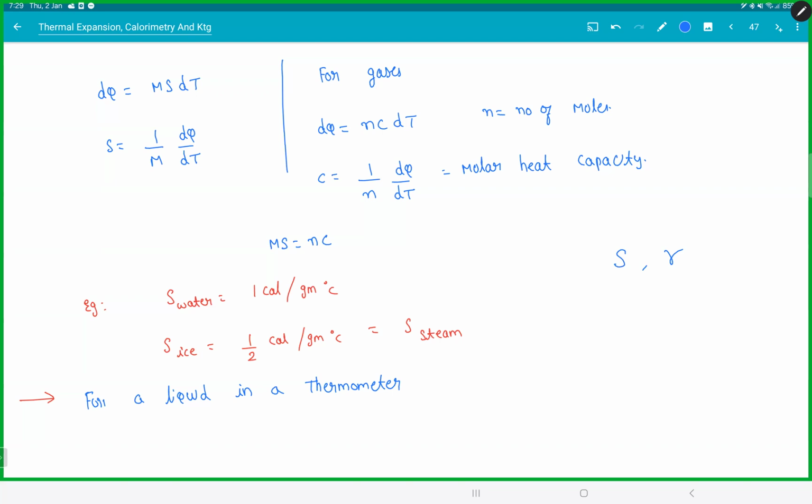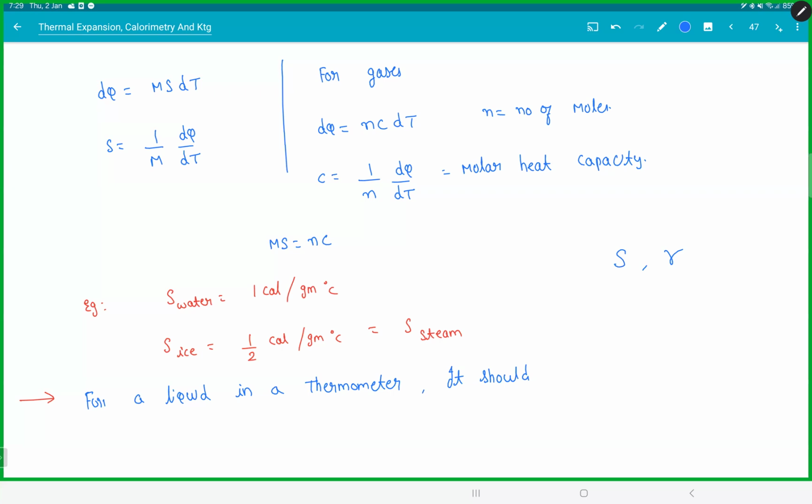That means even for a small amount of heat, you want the temperature to change or not change? So when you put it in the mouth, even for a small amount of heat, you want the temperature to change, isn't it? So if the temperature has to change easily, then specific heat capacity must be less. Because you want it to change the temperature with even small amounts of heat.